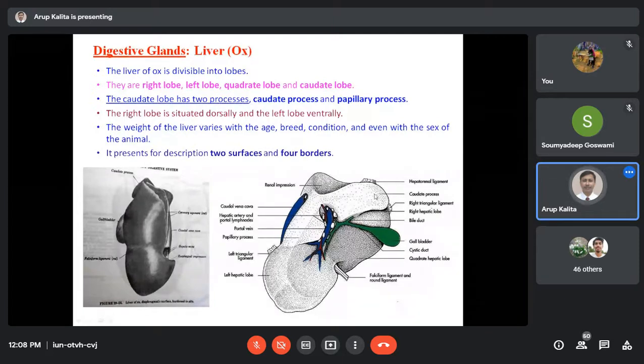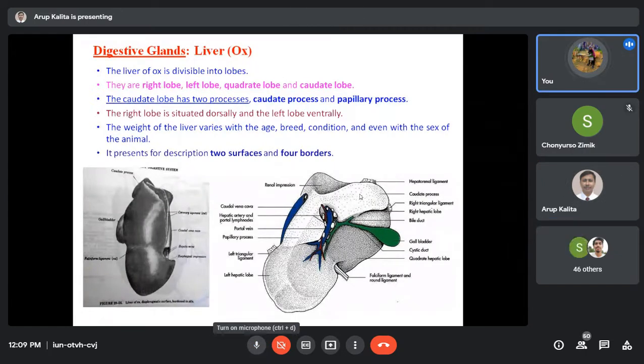So 4 lobes. This is the right lobe, this is the quadrate lobe, this is the left lobe, this is the caudate lobe. 1, 2, 3, 4. Clear?